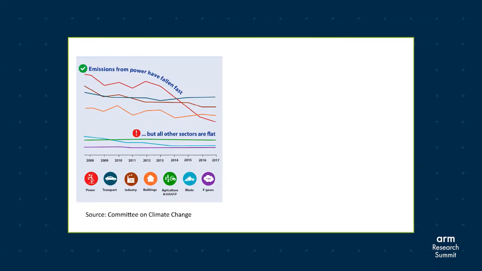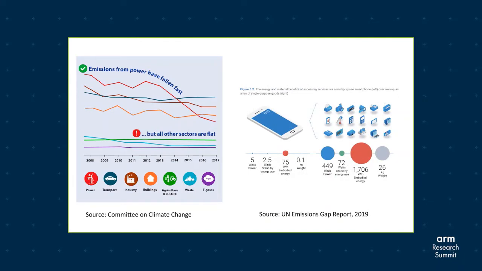Other sources of emissions from agriculture and land use and from waste, for example, are also pretty flat over this time period. And as I said a moment ago, the challenge is that all of these need to reach net zero over the next couple of decades. So how can we go about achieving that?